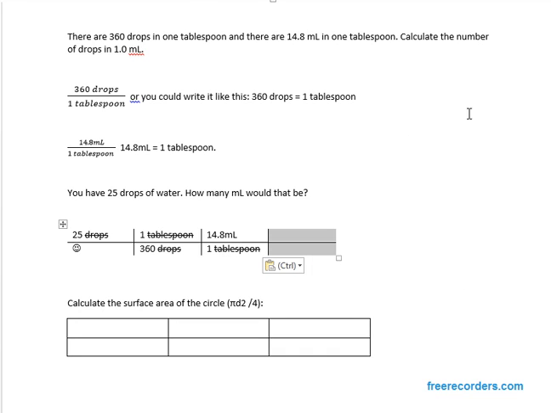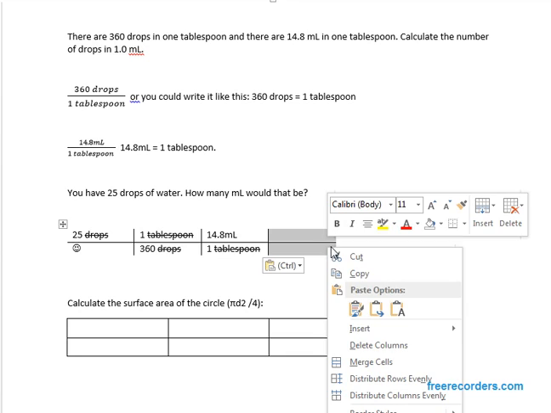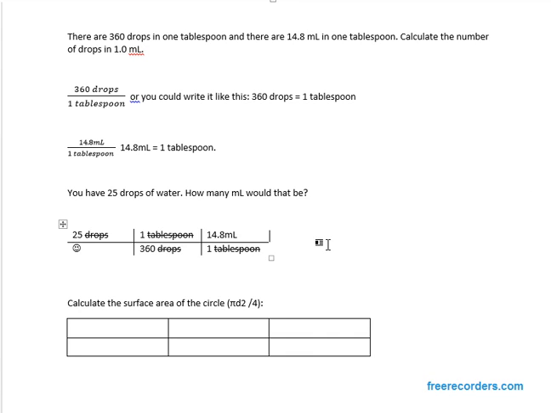So what is the math that I have to do? The math that I would type into my calculator is, we'll just insert a text box.